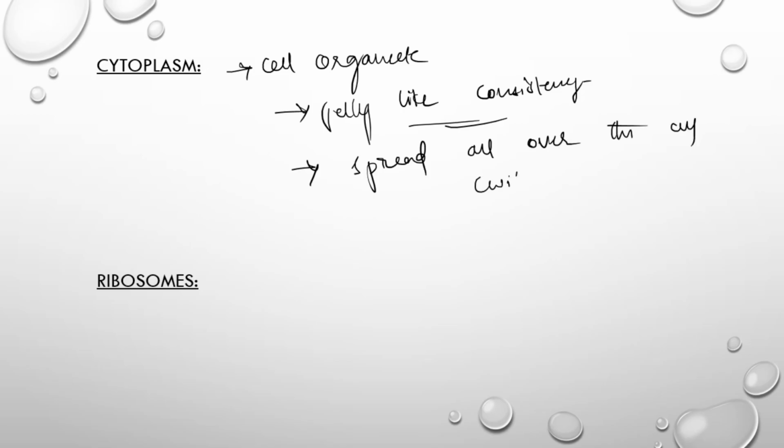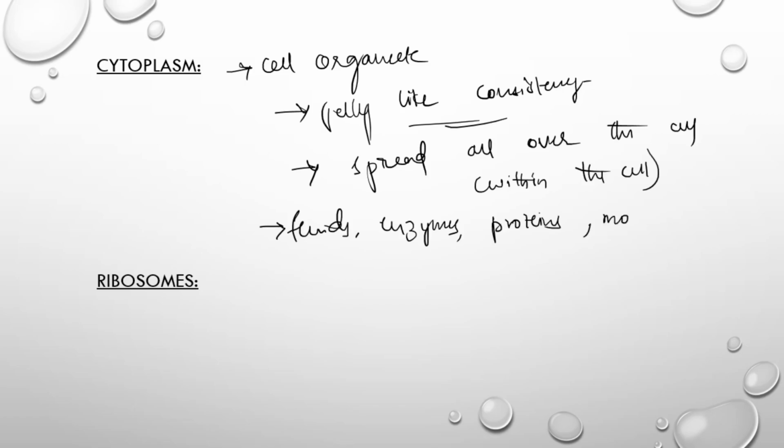It is made up of various fluids, enzymes, proteins and some molecules like glucose, or sodium and potassium electrolytes may be present in the cytoplasm. It is a very easy topic. For human anatomy and physiology, you can refer to the best book, Tortora, the best anatomy and physiology book for pharmacy students.